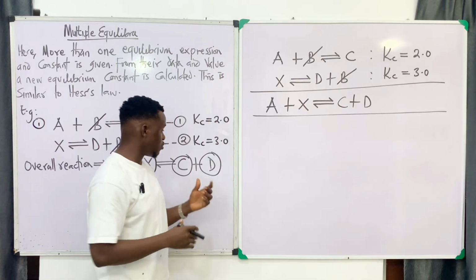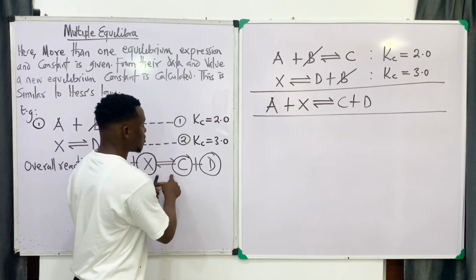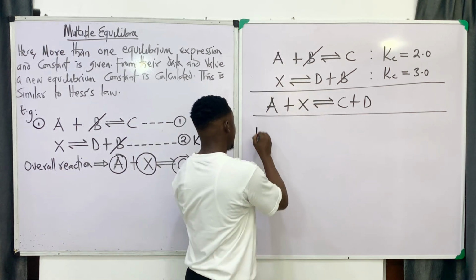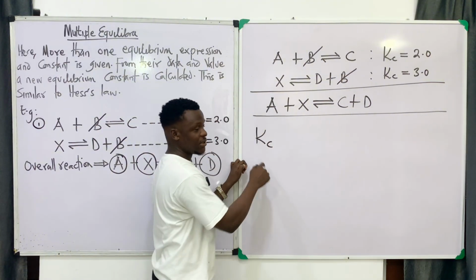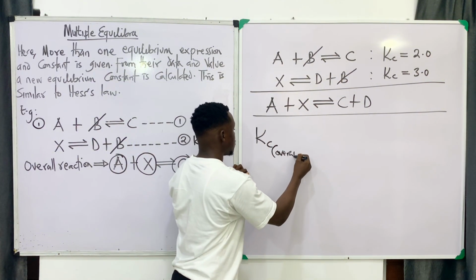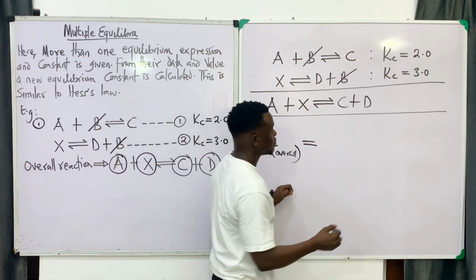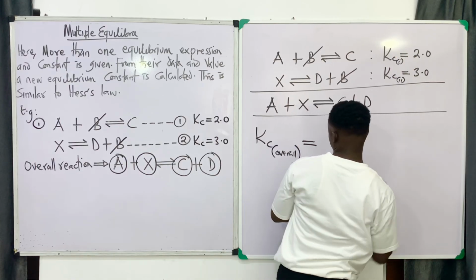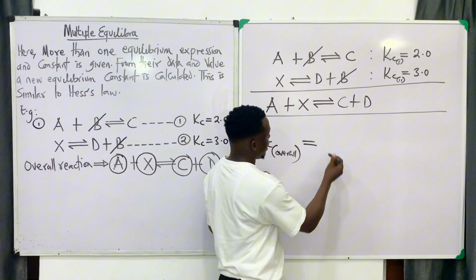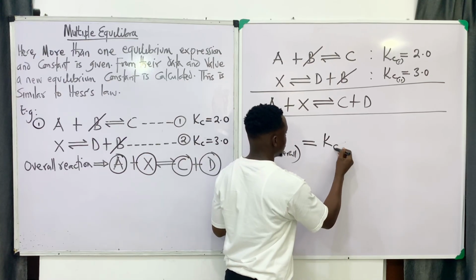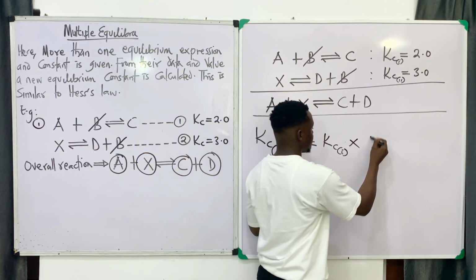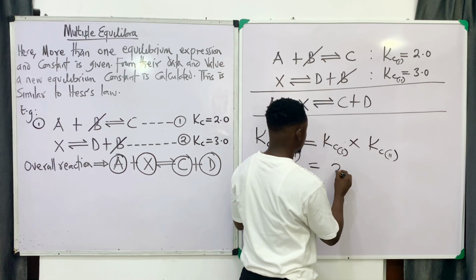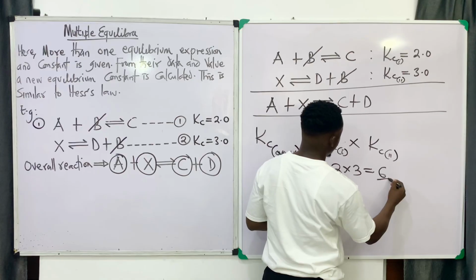Once I'm able to get this overall equation from these individual ones, I'll say the equilibrium constant of the overall reaction will be equal to, let's call this equation 1 and this equation 2, Kc of 1 times Kc of 2. So this becomes 2 times 3 equals 6.